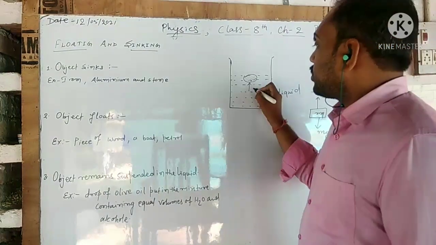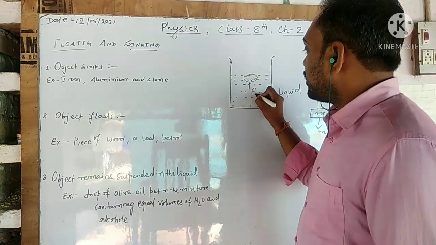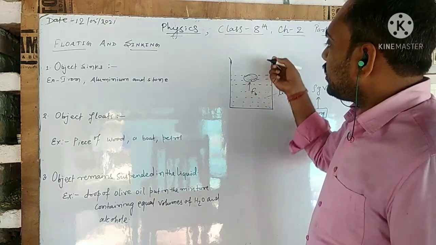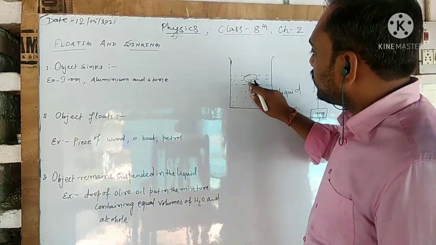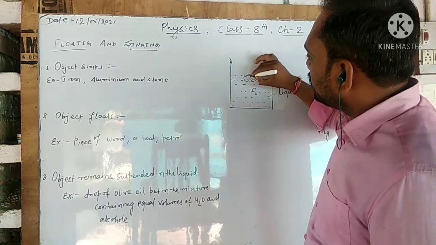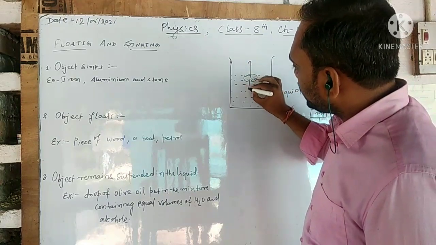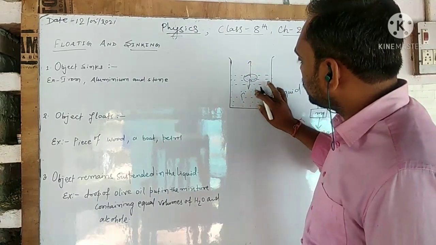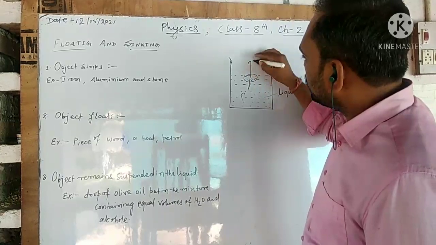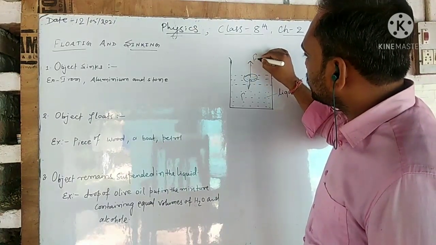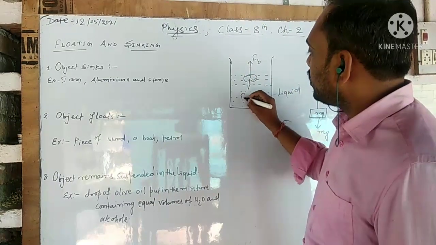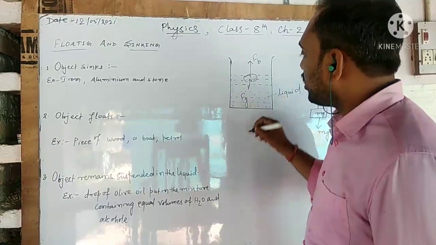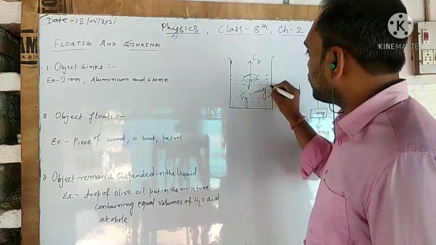Let's say that the force of buoyancy is Fb, and another force is the force of gravity, which acts towards the earth. The force of buoyancy is upward, and the force of gravity is downward, that is mg.